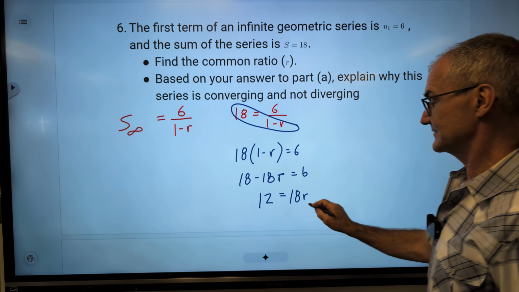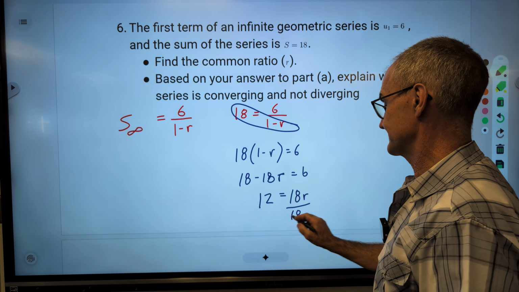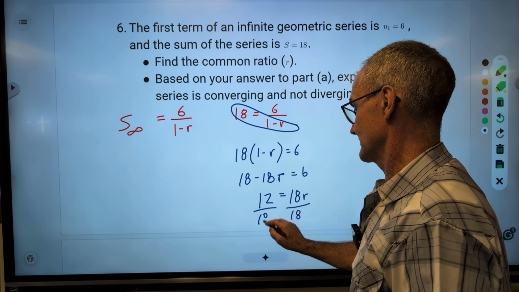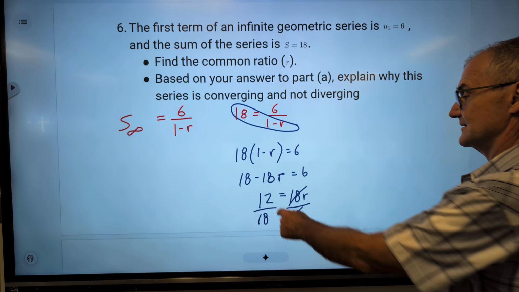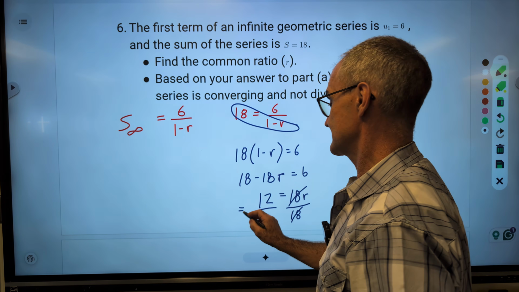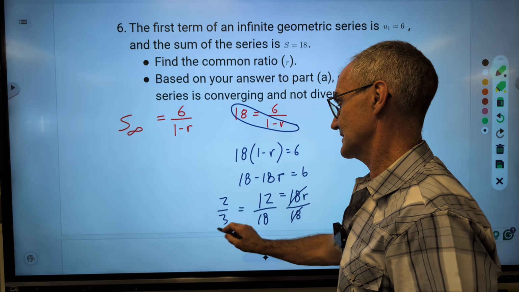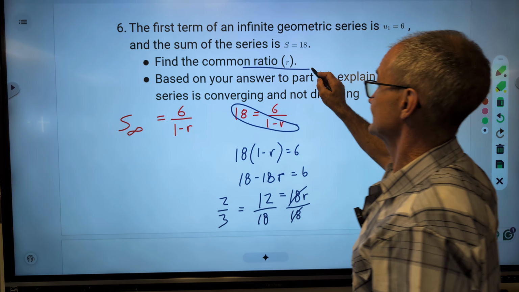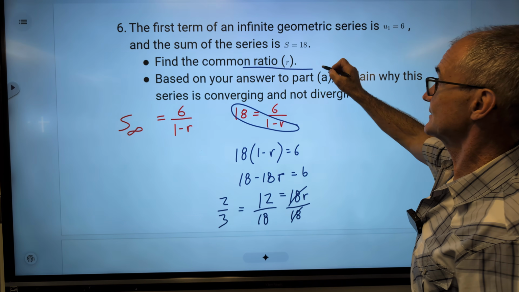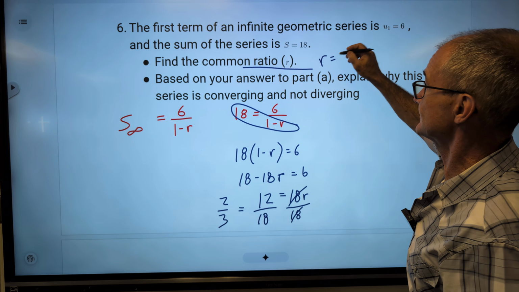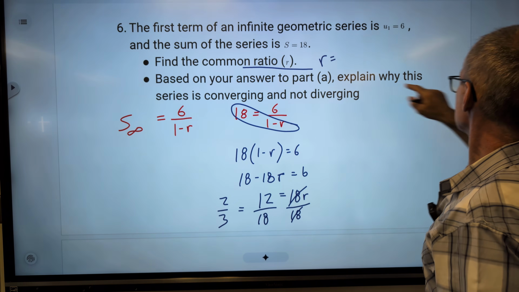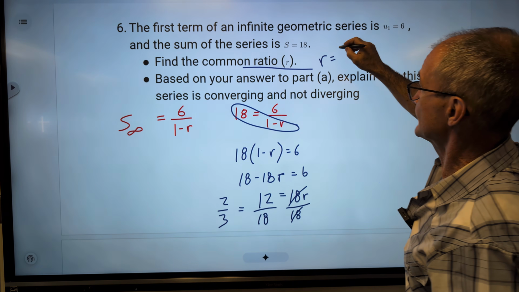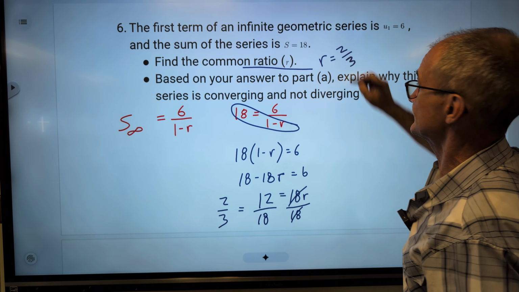Solving for r, I'm going to divide both sides by 18. These cancel, and r is equal to 12 over 18. 6 goes in there twice, 6 goes in there 3 times. So find the common ratio, r. That common ratio, r, is equal to 2/3.